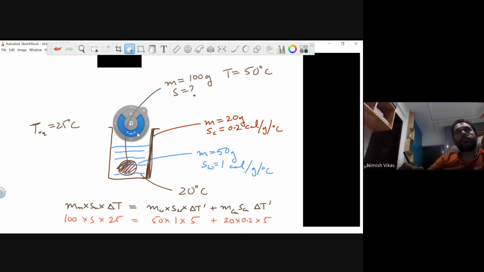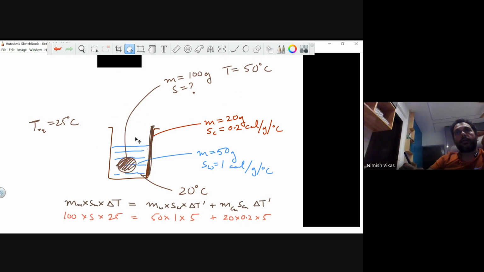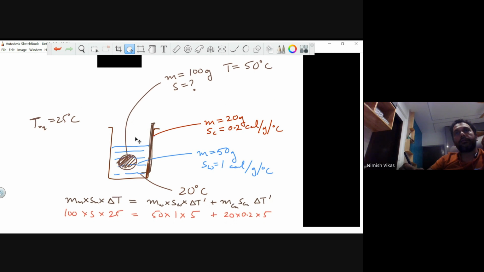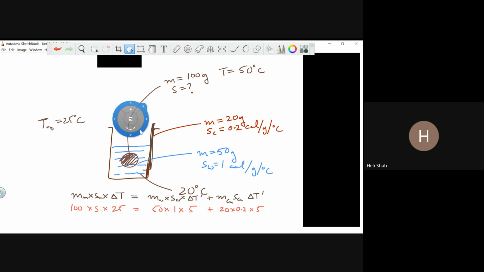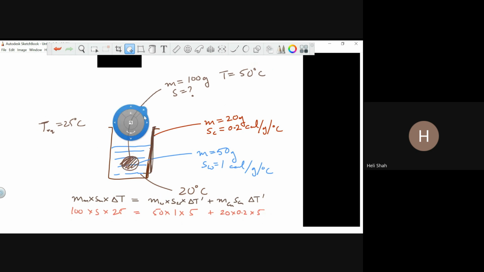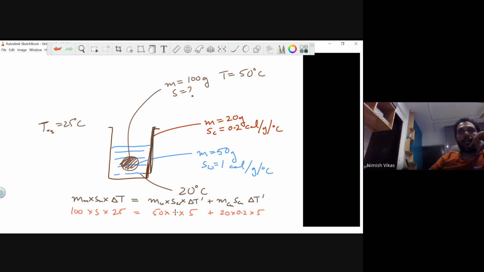Now comes water equivalence. I hope this calculation is okay with all of you, right? So if I take 5 common over there, it is this into 5.